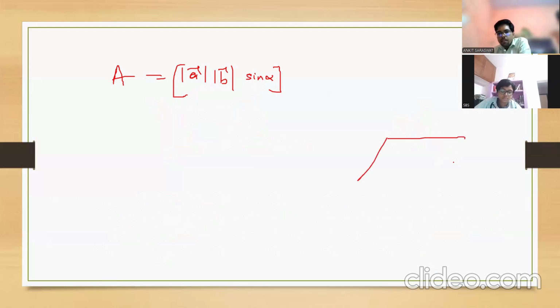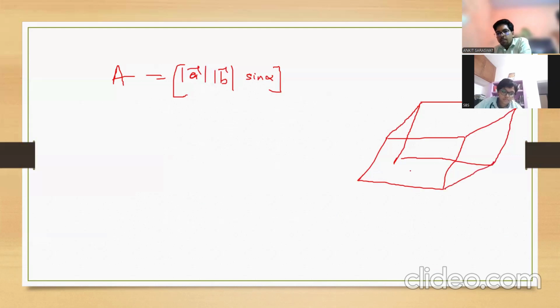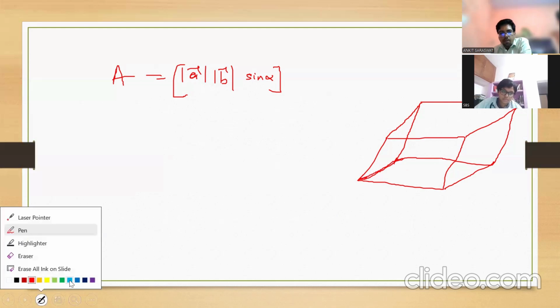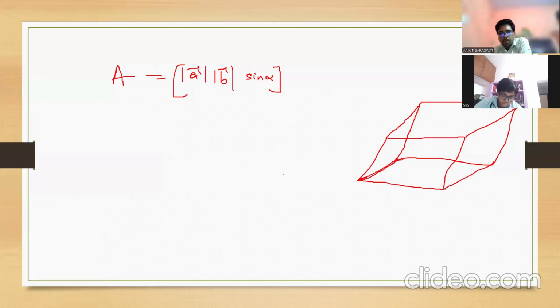But in our case, this is our parallelogram, and the parallelopiped has a height also. The C vector is forming a certain angle theta.